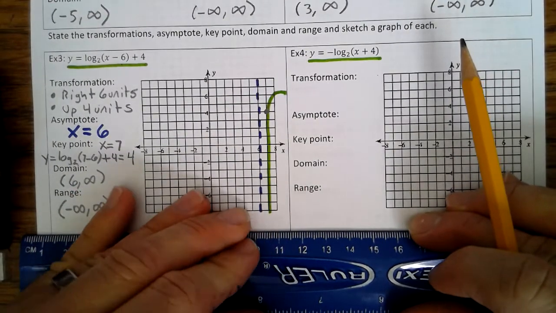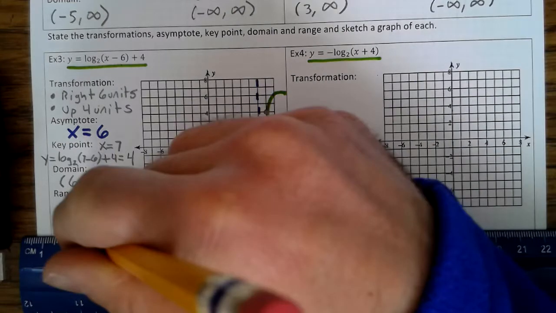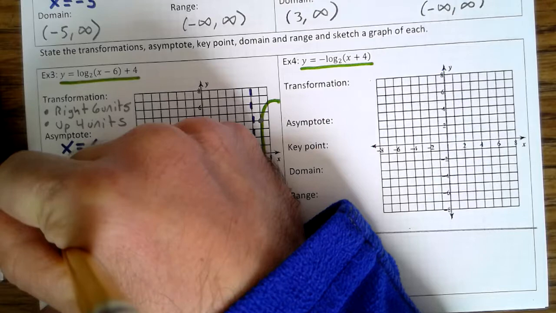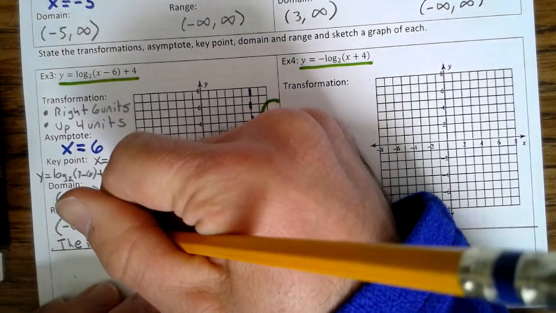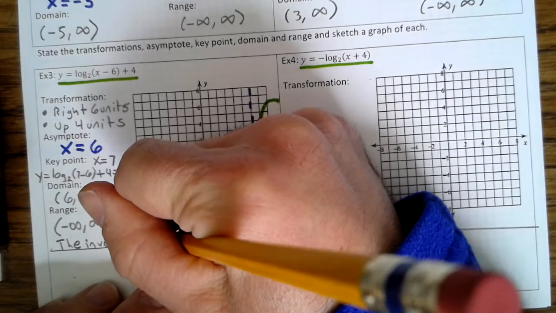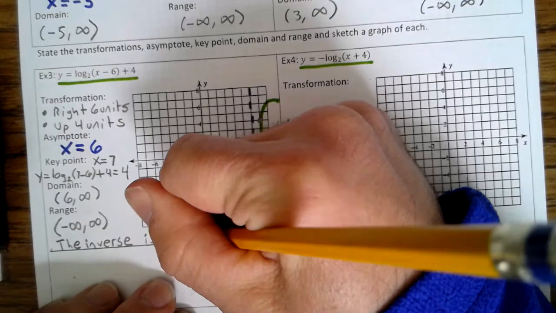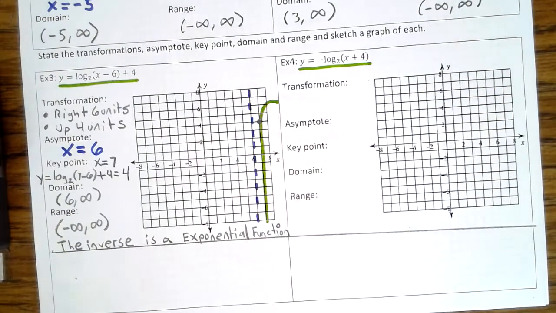So the inverse is an exponential function, which we're going to graph in orange.